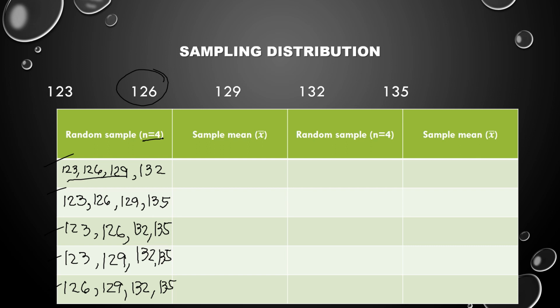So we add 123 plus 126 plus 129 plus 132, and divide that by 4 because we have 4 numbers in one combination. This is equal to 127.5, and this is our sample mean for that combination of the sample.